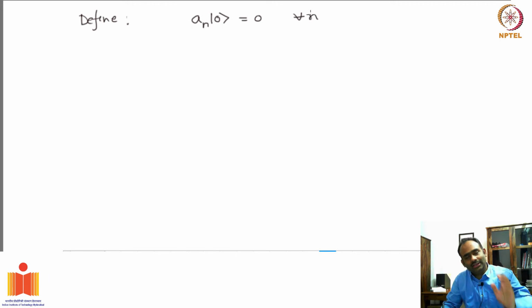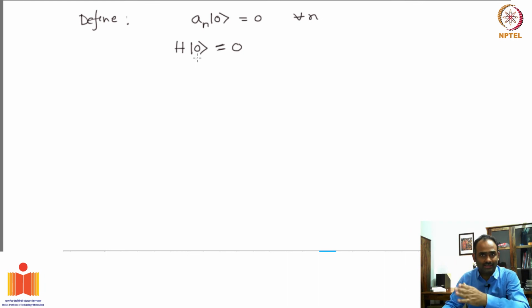So it's annihilated by a1, a2, a3, all of them. Of course you can see that H acting on ket 0, where H is the Hamiltonian corresponding to an infinite number of oscillators, will also be 0, because your H contains an a on the right hand side, and there is a summation over n, but a_n is going to annihilate it, so that's why you get this.